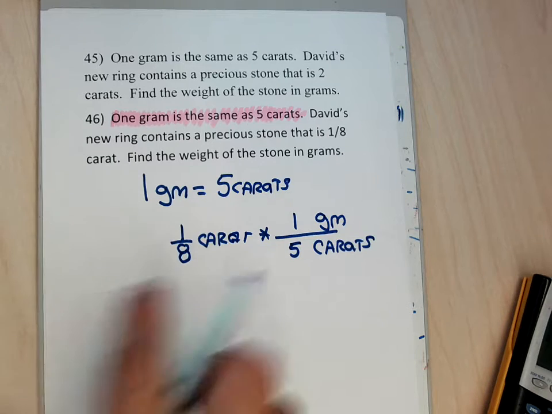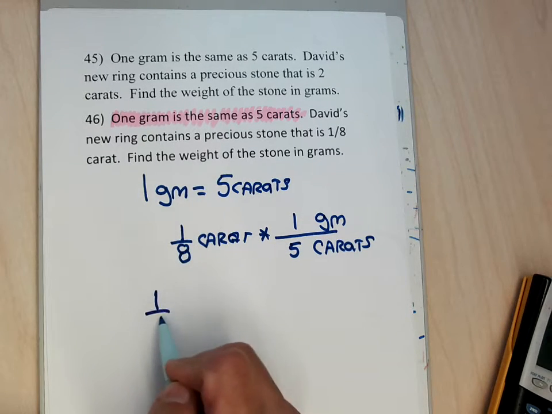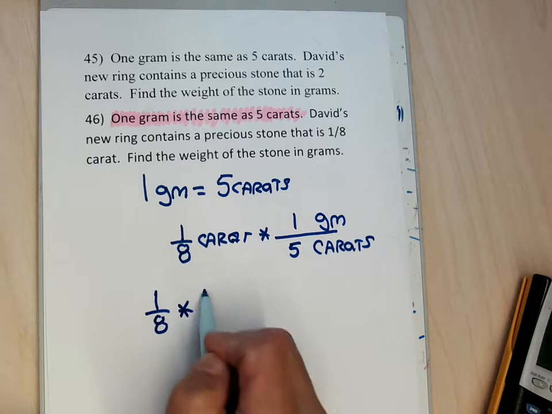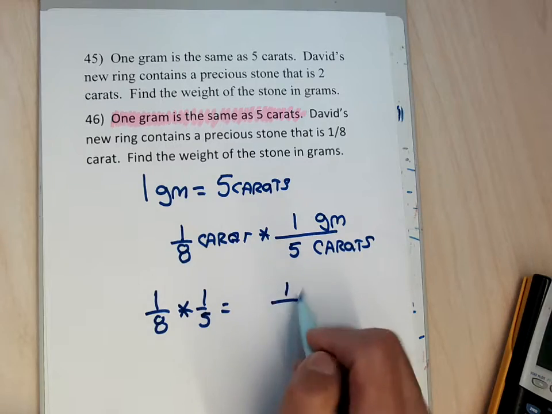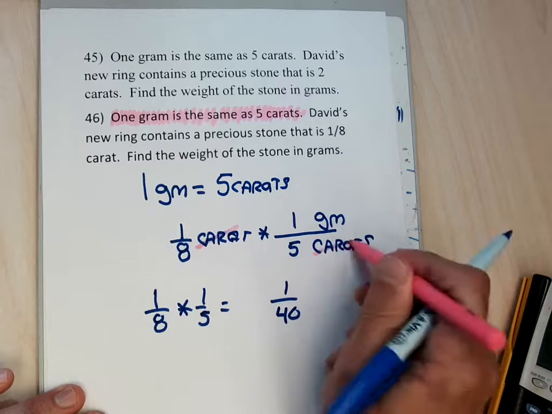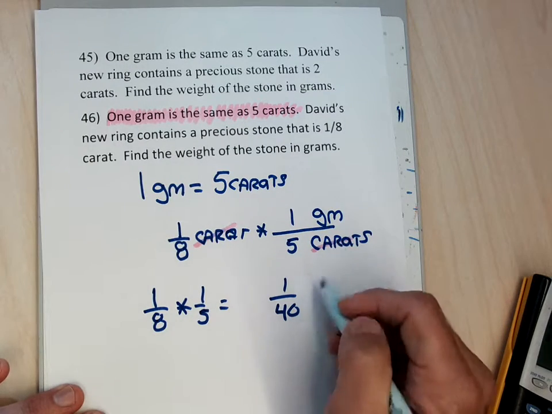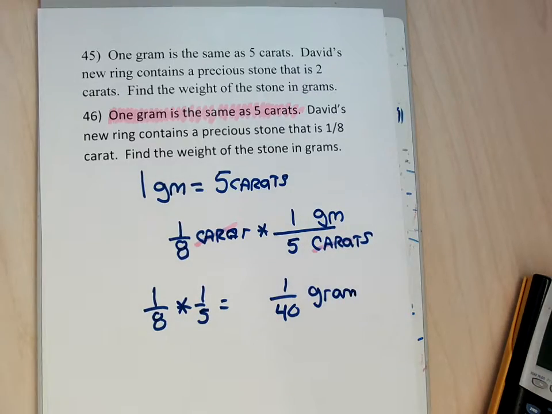For my problem, the 8 is also in the denominator. I'm going to just multiply 1/8 times 1/5, and I'm not even going to use my calculator. I'm going to multiply across the numerator and across the denominator. I'm going to cancel out the carats, and the answer to my problem 46, that stone weighs 1/40th of a gram.